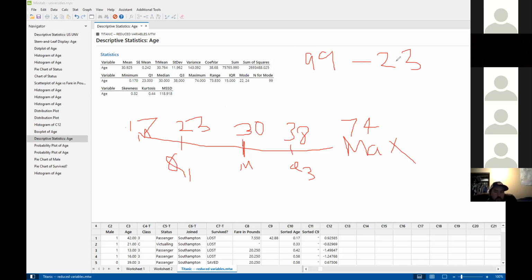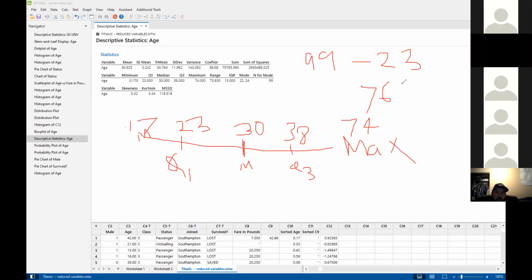What is the range? You just subtract, and I ask only for the integer number. So it's basically the difference between maximum and minimum. This is the range.